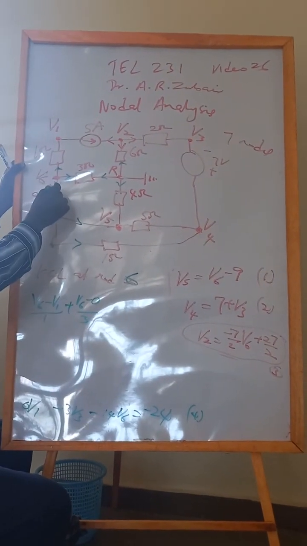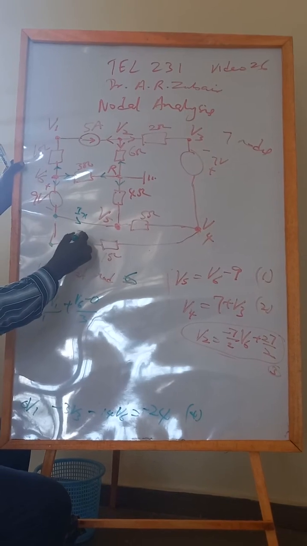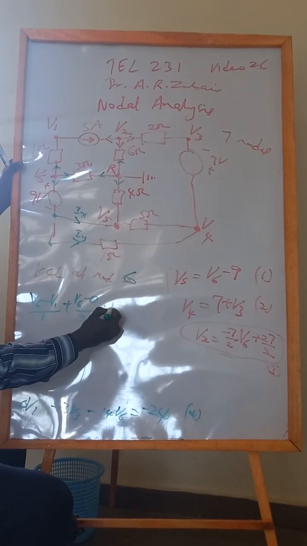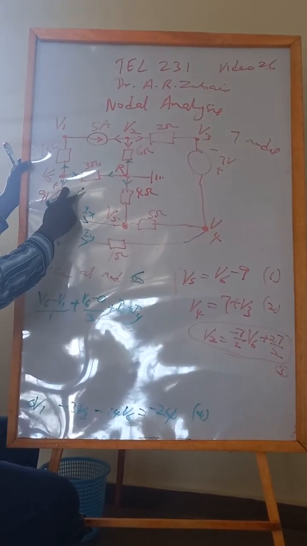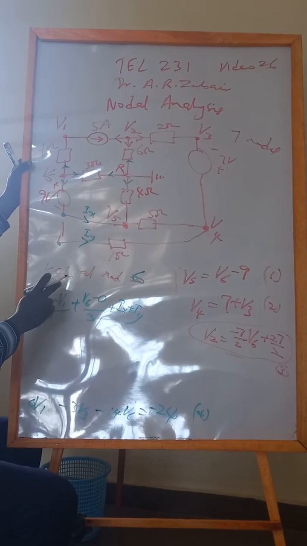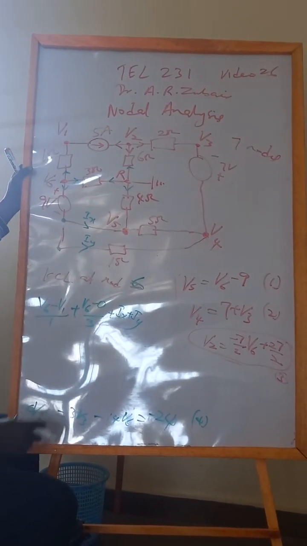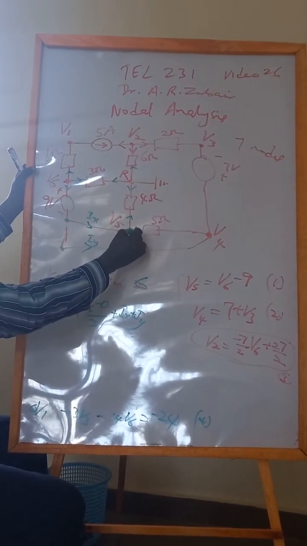Let me call this one Ix, let me call this one Iy. The current I need is actually going to be equal to Ix plus Iy. I don't have a formula to calculate this.